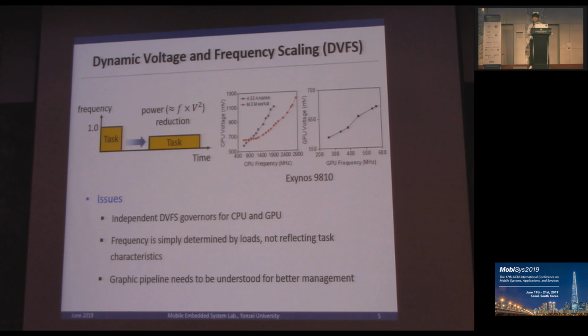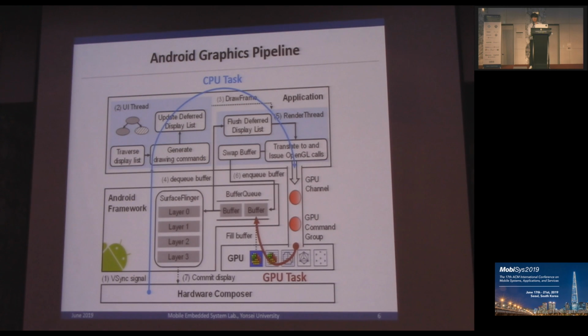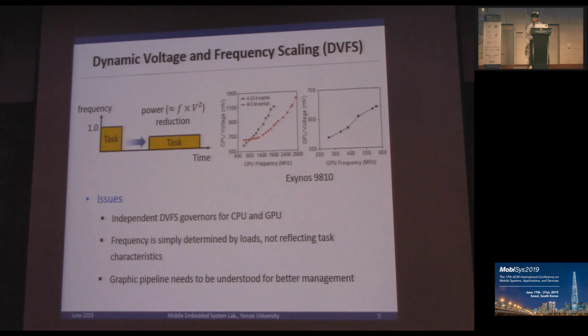But these governors are basically based on the loads which are measured by the system, without knowing what they are really processing. Without that, this kind of energy optimization should be based on the knowledge about the task itself. So we first started with the understanding of the graphics pipeline itself.